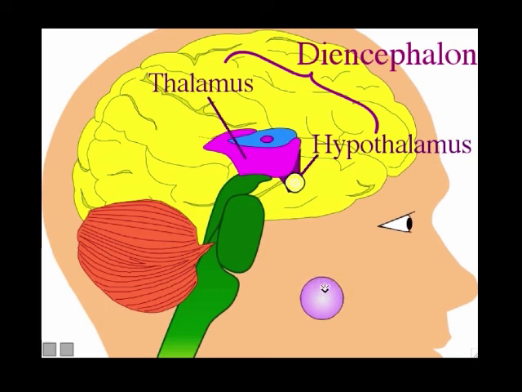So your hypothalamus, a part of your brain, has lots of functions, but one of the functions of your hypothalamus is that it's your body's thermostat. So somewhere inside your home is your thermostat where you can dial the temperature you want your house to be. Well, that's one of the functions of your hypothalamus. It sets your body's temperature.